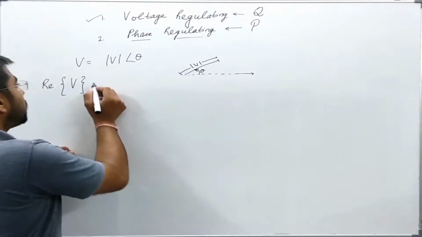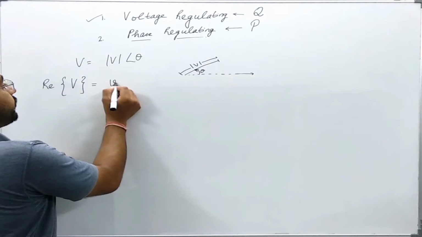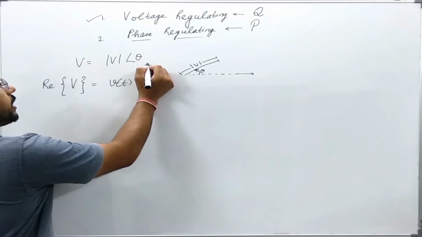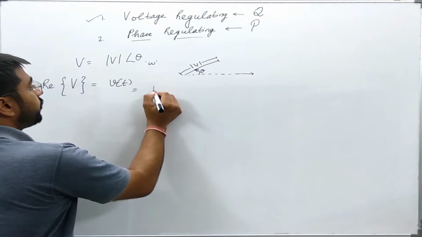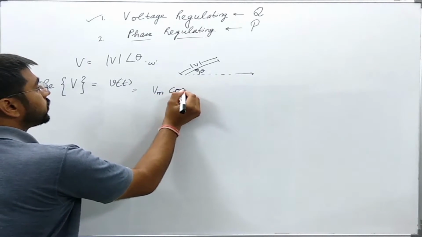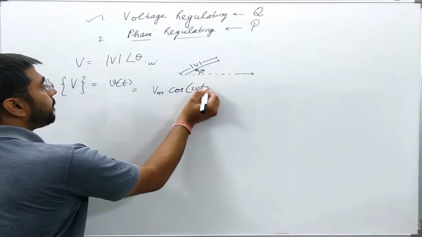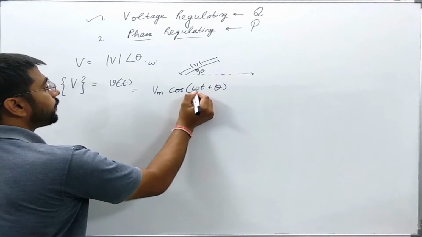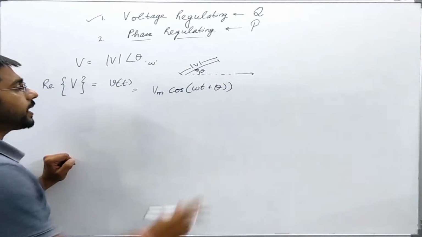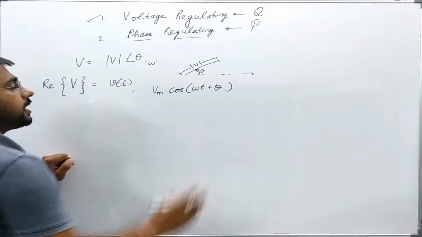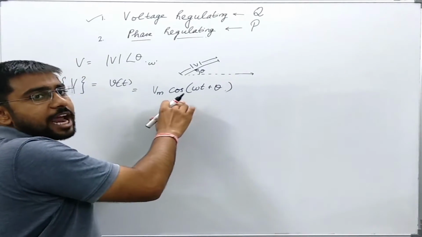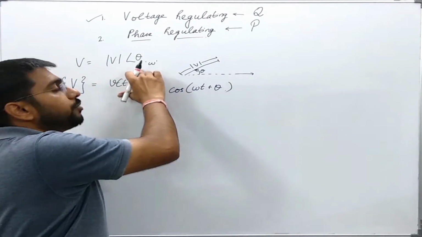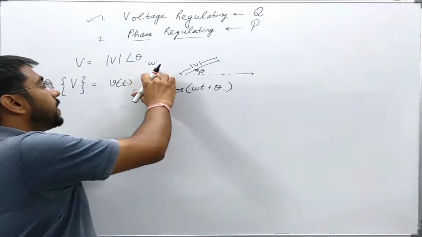Okay, so this is V(t), and at a given frequency omega, I can write it as Vm cos(omega t plus theta). In this way I can easily convert a phasor into the time domain and a time domain quantity to the phasor domain at a given frequency omega.